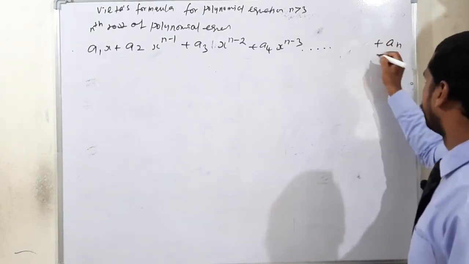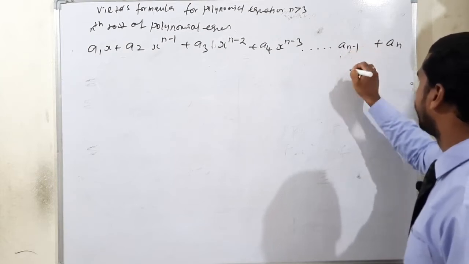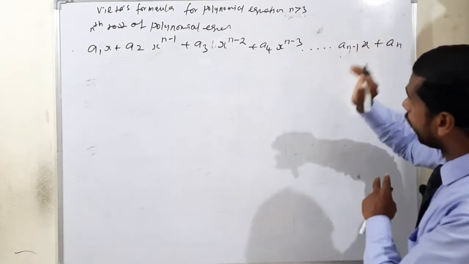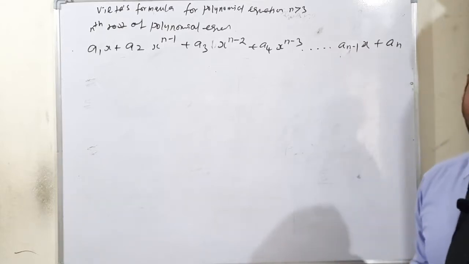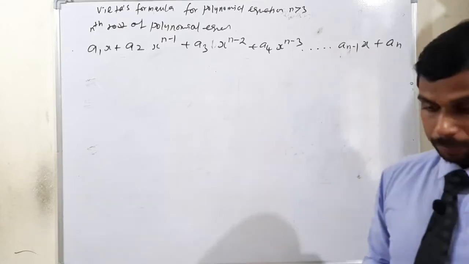So before, if you term anyone will come means that is actually an minus 1 into x. If you add one more term before me, definitely an minus 2 into x square will come. Okay, this is nth root of polynomial basic form.